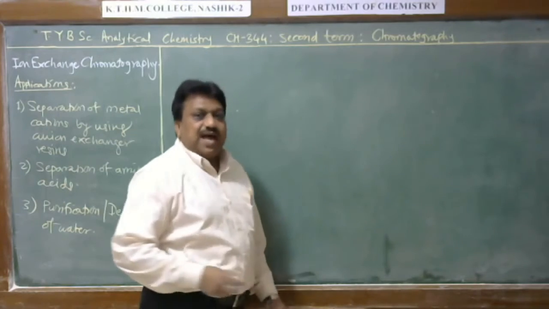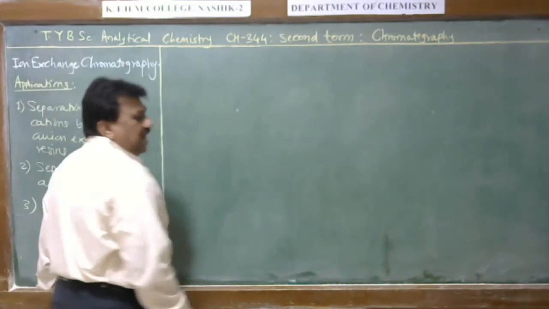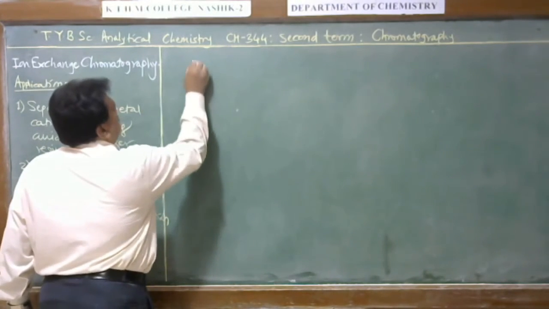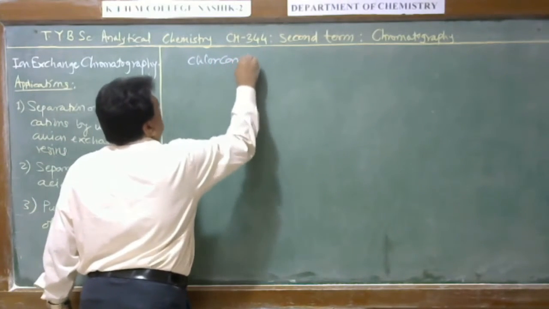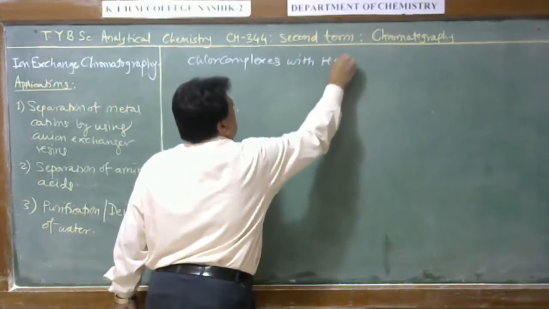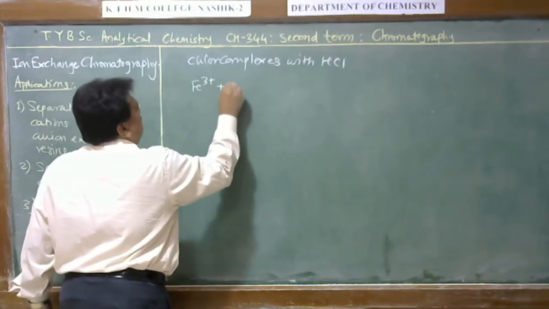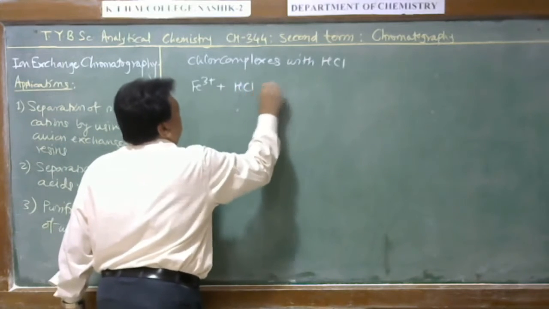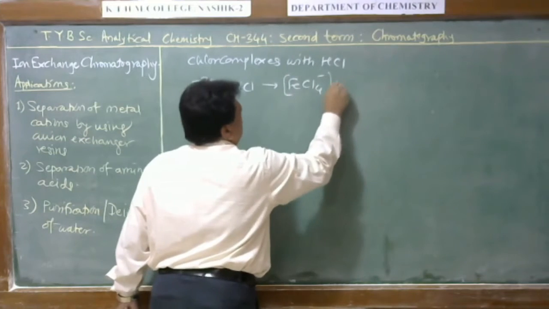Student, many metal ions, including transition and inner transition metals, form chloro complexes with chlorine or HCl. Chloro complexes means, for example, we have Fe3+. If we treat this with hydrochloric acid, then it gives FeCl4- and H+.